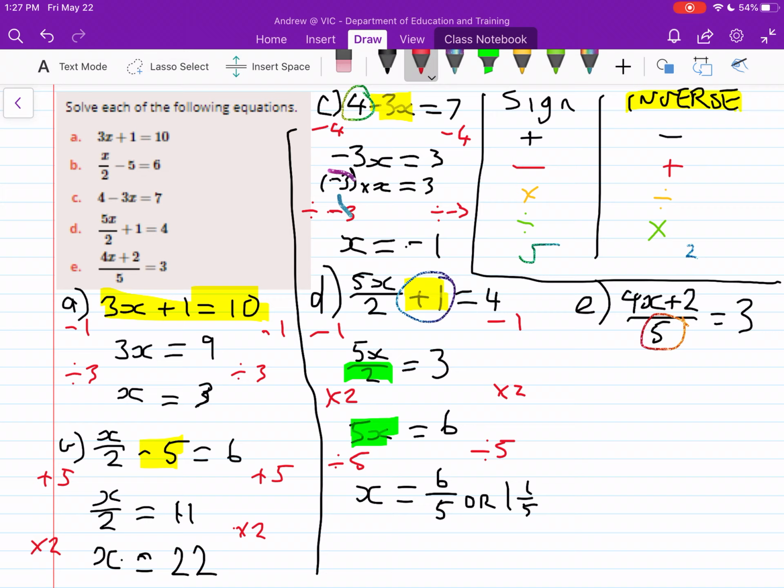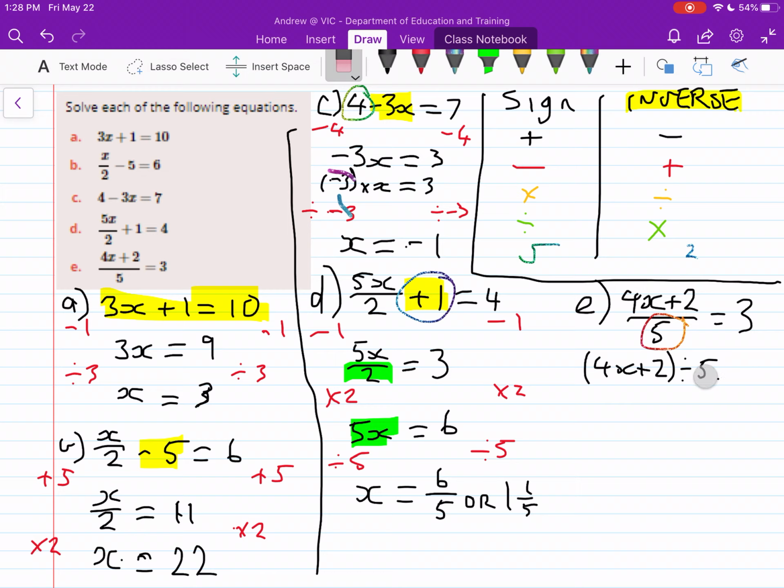Okay? If you were drawing this with brackets, this would be 4x plus 2 divided by 5 is equal to 3. Okay, that's what it would look like. And then hopefully from this you can see it would be easiest to get rid of that divide by 5 first. But they don't often write it with brackets in algebra.